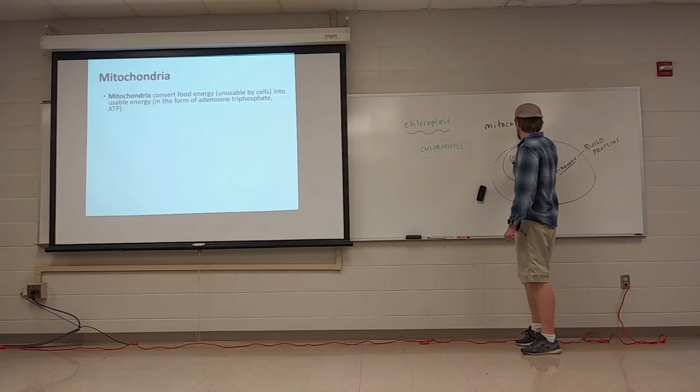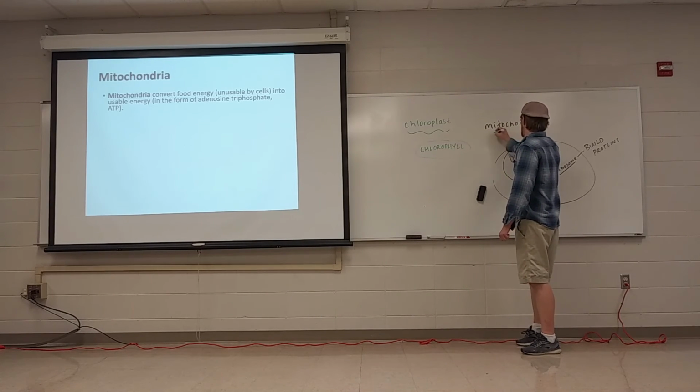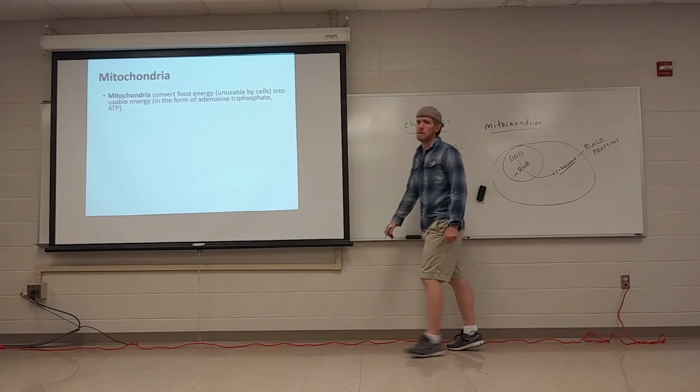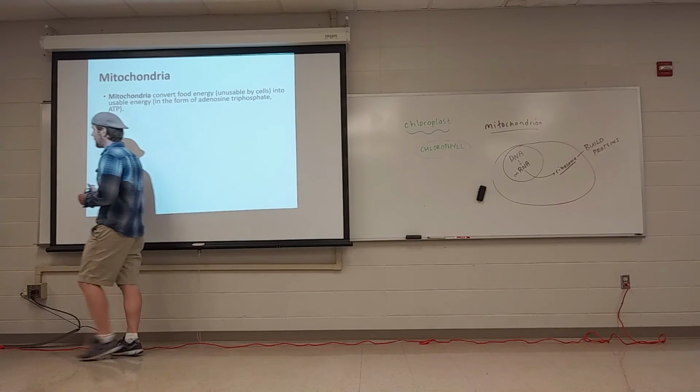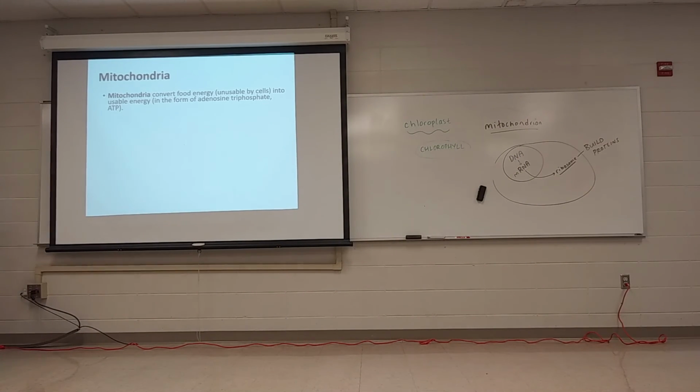The singular form is mitochondrion. So if you hear me say that, it's the same thing. That's just the singular. So the mitochondria convert food energy, which is not usable, into energy that is usable.